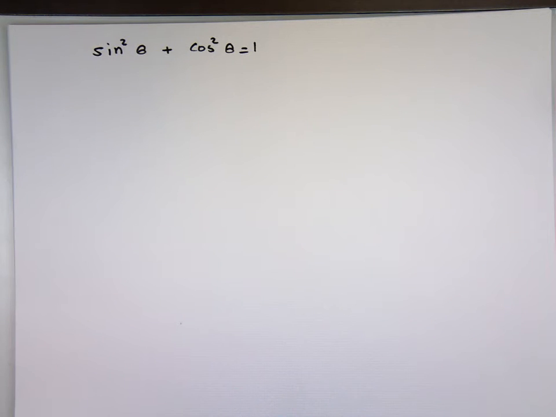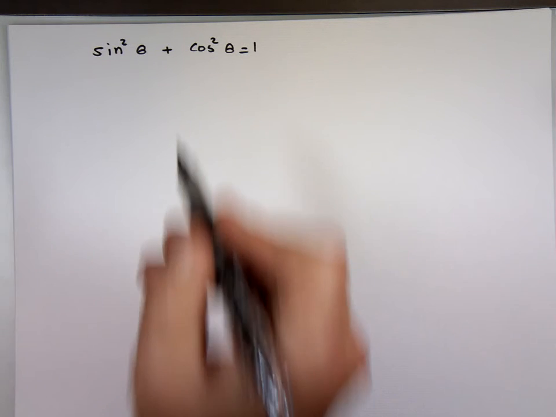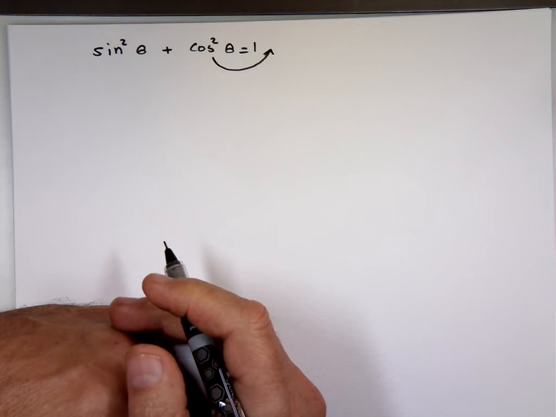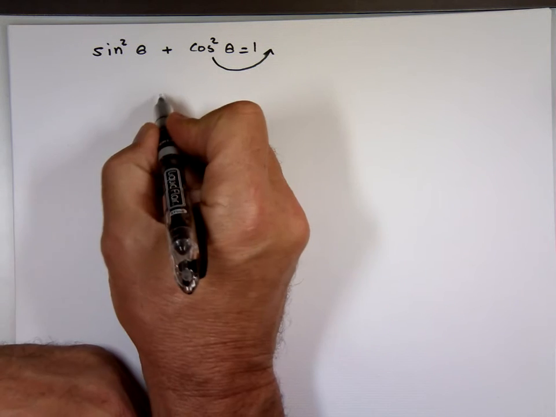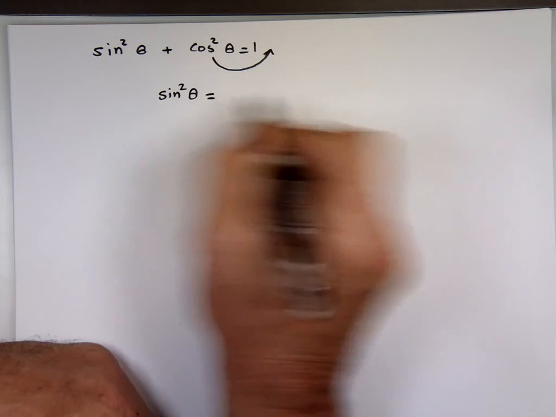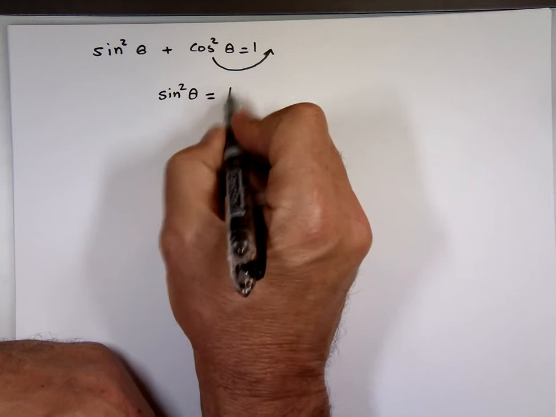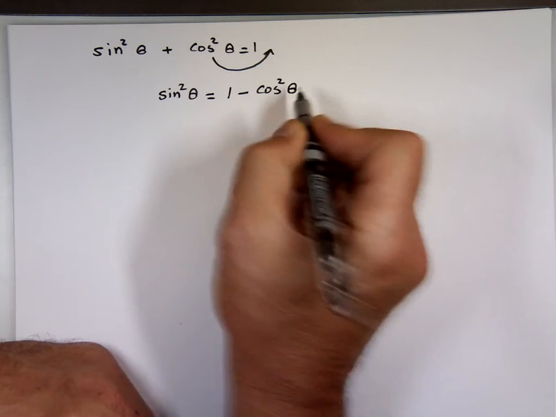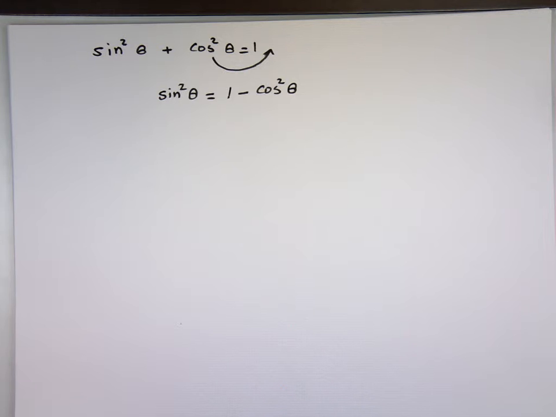Hopefully you're having fun. What will happen if I move the cosine squared to that side? You'll have sine squared theta equals 1 minus cosine squared theta. That's on the board, number 10.